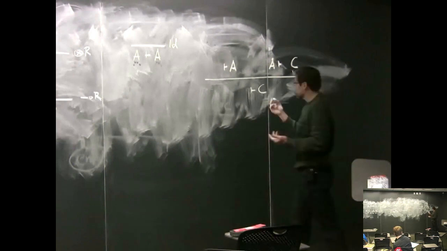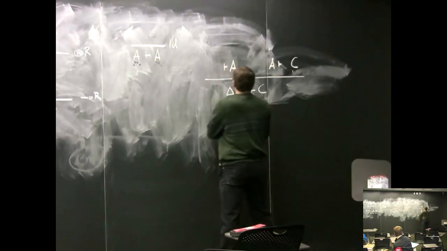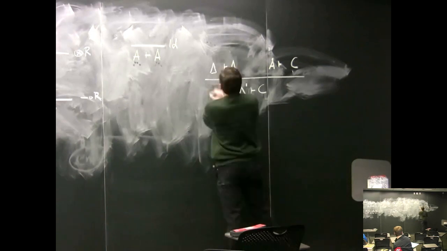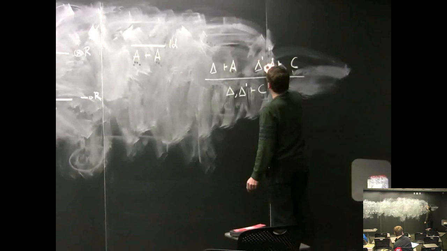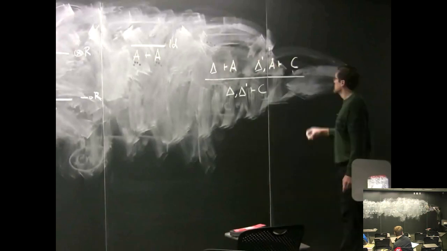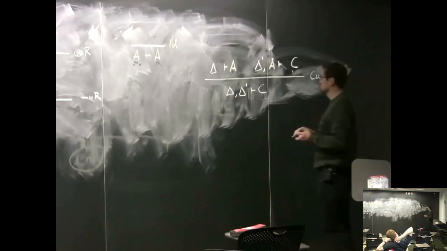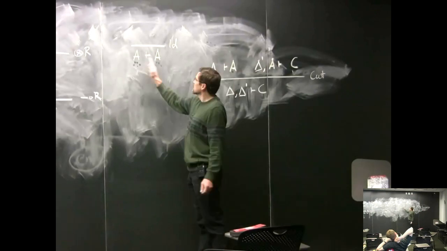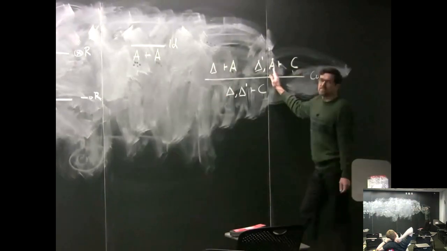We split it again. I devote some of my resources to get A. That license allows me to use A in order to accomplish C. So this is the cut rule. And you can see that these two are the converse of each other. If I have a resource A, I can achieve the goal. If I can achieve the goal, I can use it as a resource.